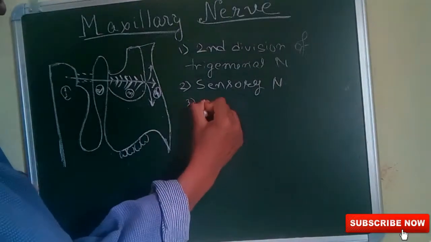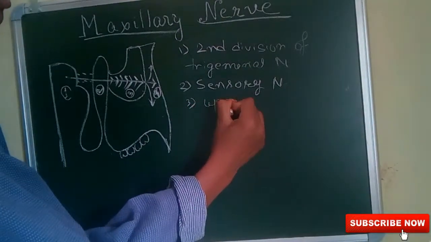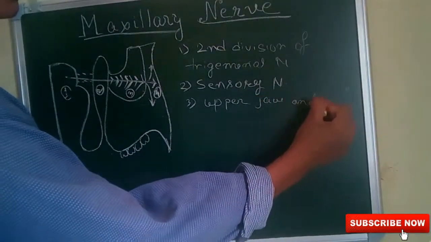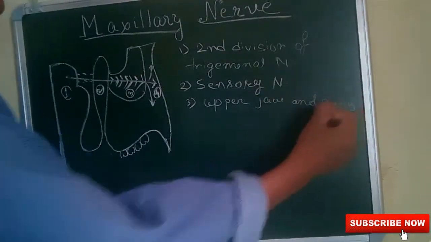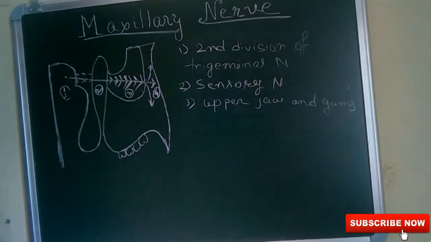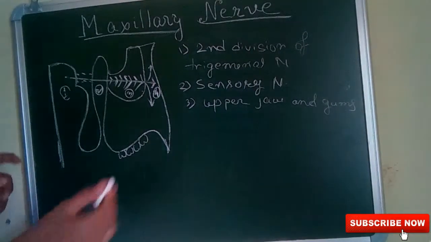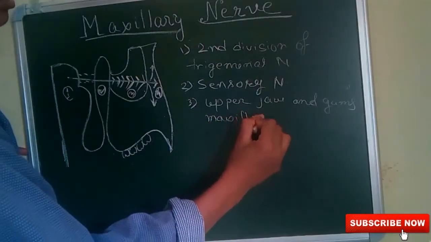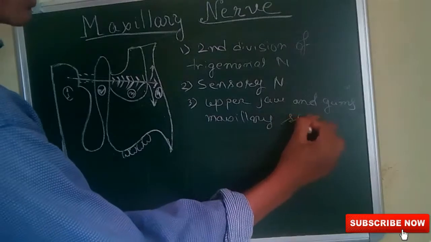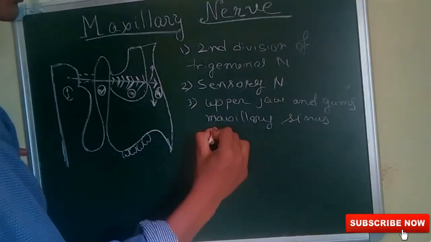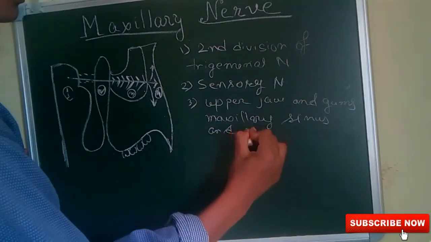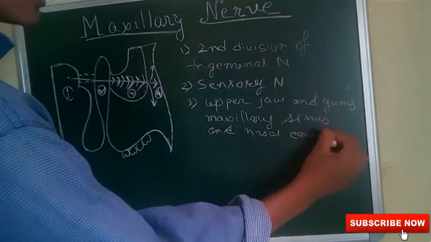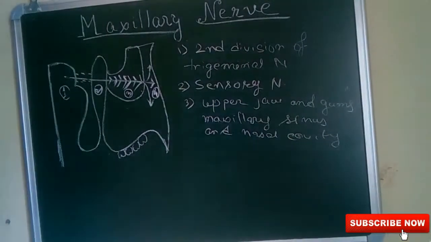It also supplies the maxillary sinus and the nasal cavity. So these are the areas of innervation.